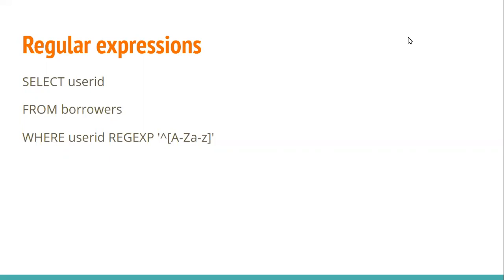If all of your borrowers should have their user ID as the card number, and you're looking for mistakes, this is how you do it. And again, with the opposite, you can use NOT REGEXP to find borrowers that don't start with a letter. The word not.